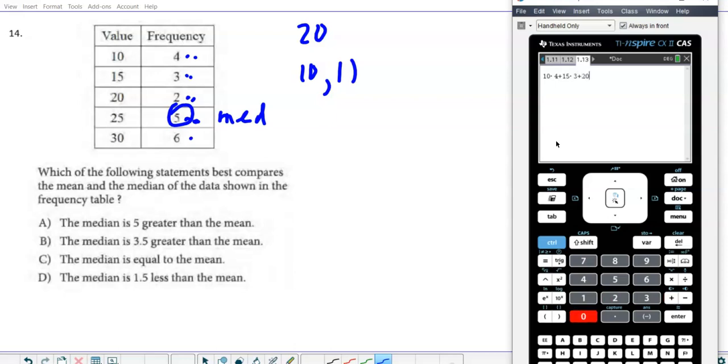Plus 20 times 2, plus 25 times 5, plus 30 times 6. And then I'm going to divide by the number of terms. I think it's 20. You get 43 over 2, which is 21.5. The mean, right.